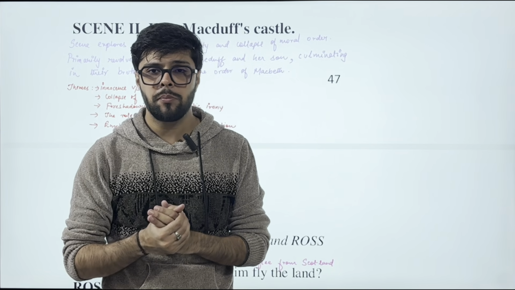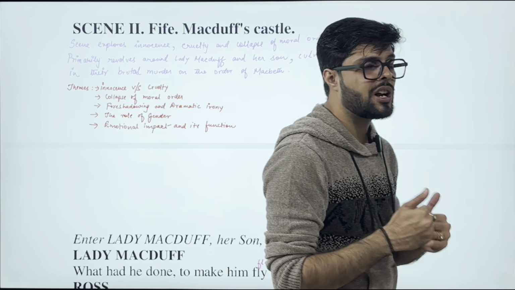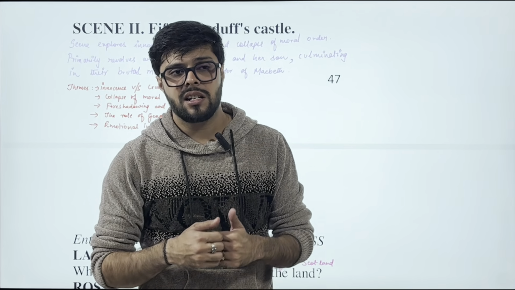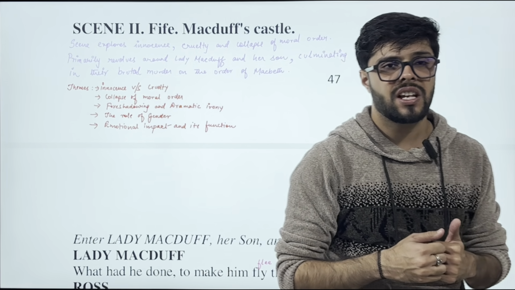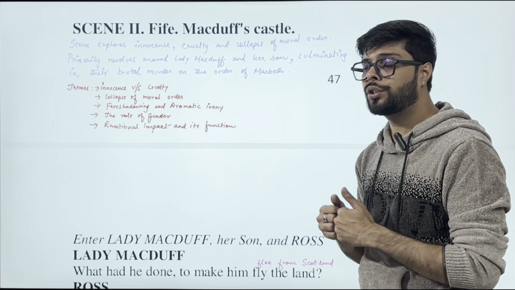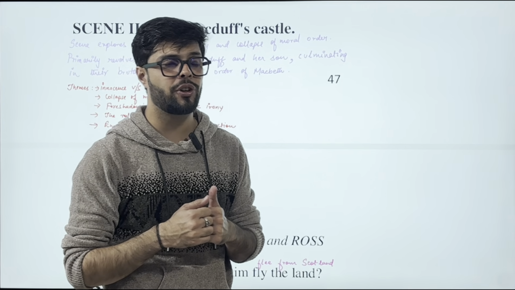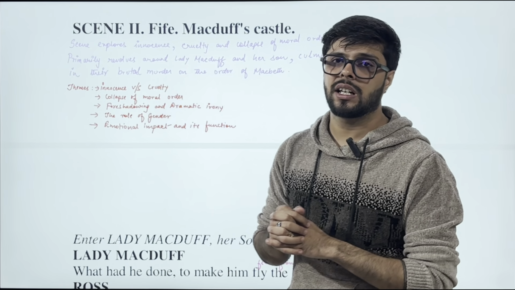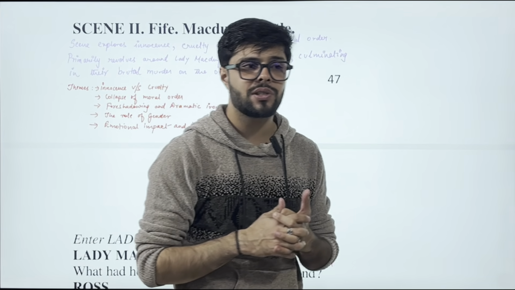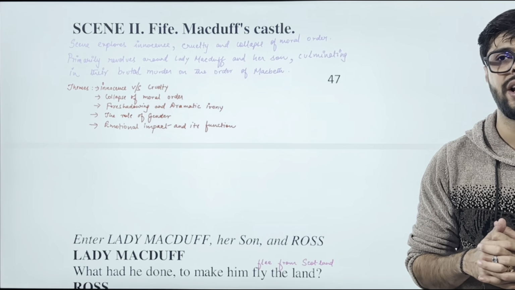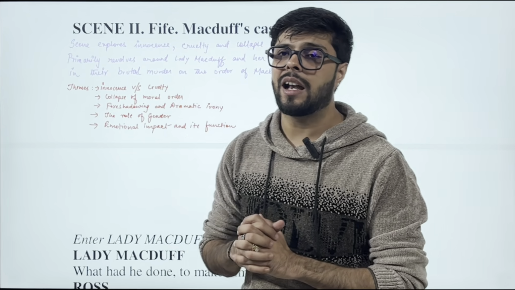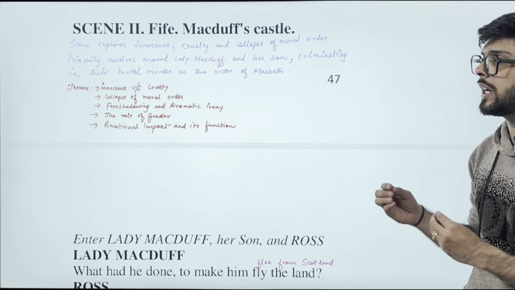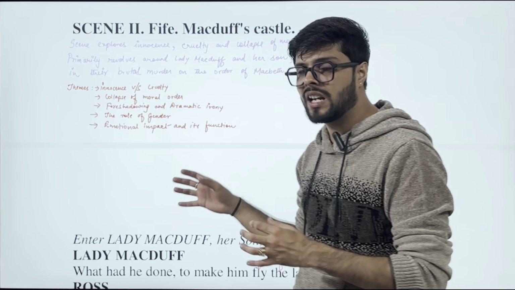Shakespeare deliberately made this scene in sharp contrast to the previous one to show Macbeth's descent into absolute tyranny, into absolute violence, and how Macbeth can stoop down to any level to secure his position, a total collapse of the moral order and a brutal killing of innocence. That is why the scene has been made by Shakespeare.